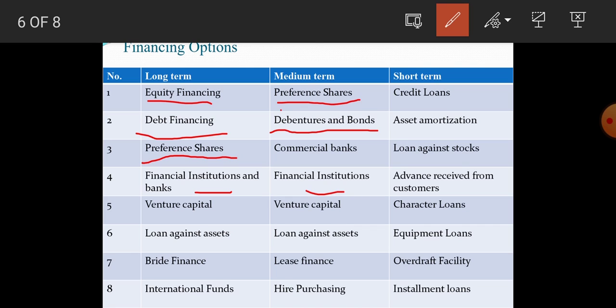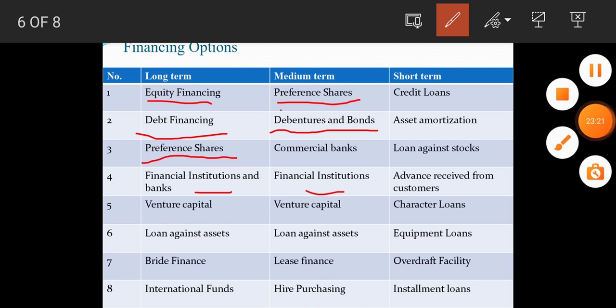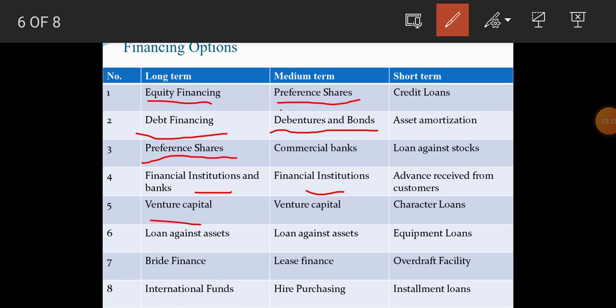They believe more in the concept of the idea than the business model, while financial institutions believe more in the business model of profit and break even.